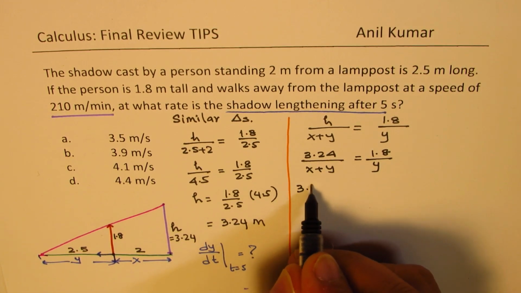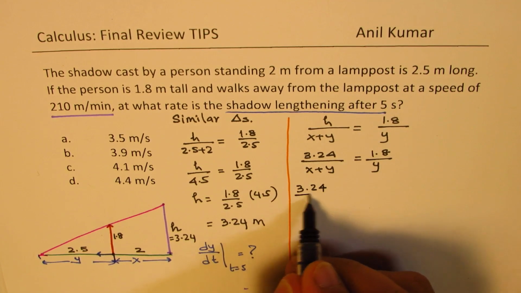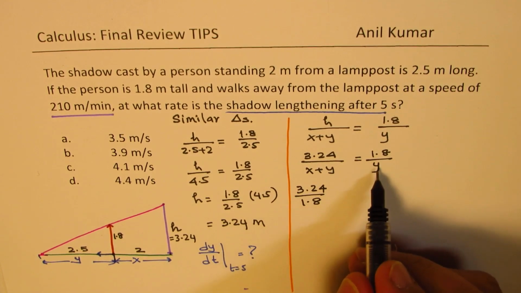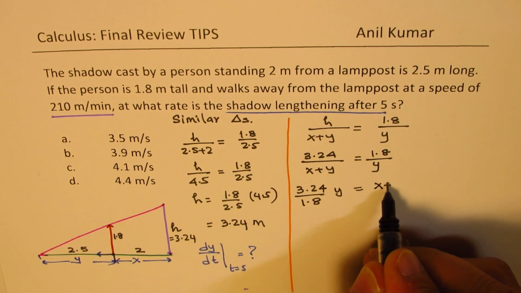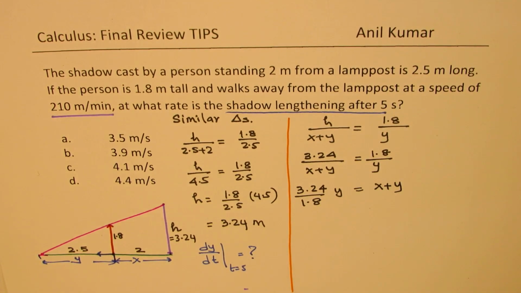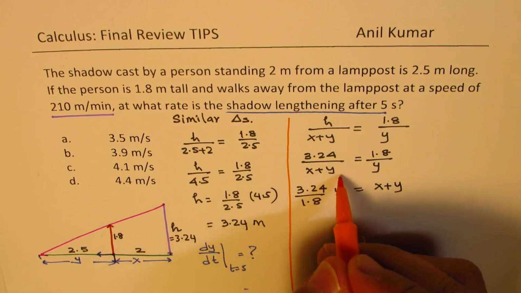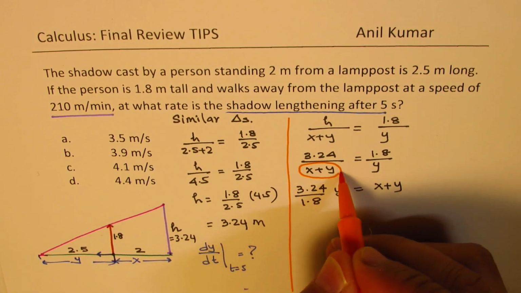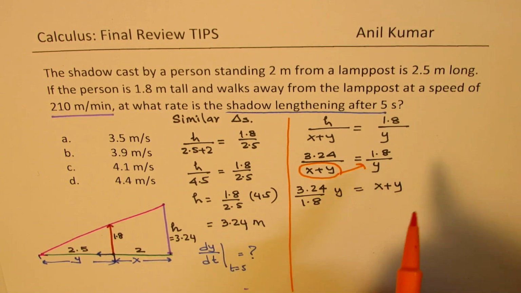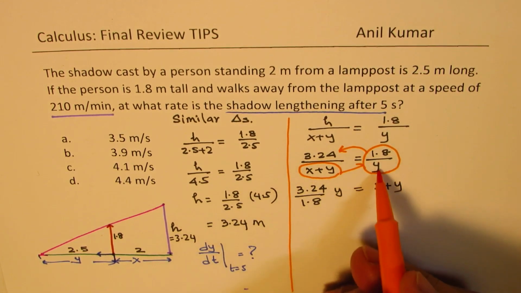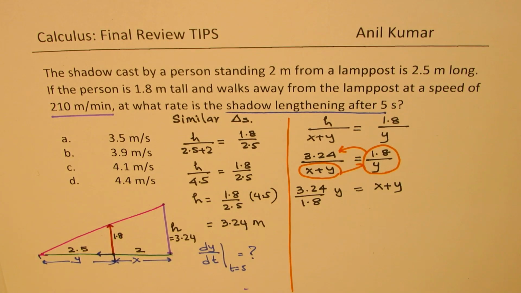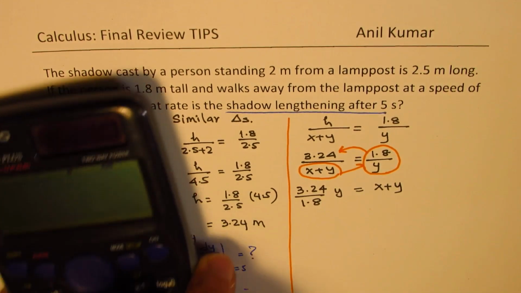So we have 3.24, we'll divide by 1.8, multiply by y equals to x plus y. So we have done a lot of stuff here. Basically moved this portion to the other side and this portion to this side. So it came y over 1.8. Is that clear to you, right? Mainly because we have so many numbers.